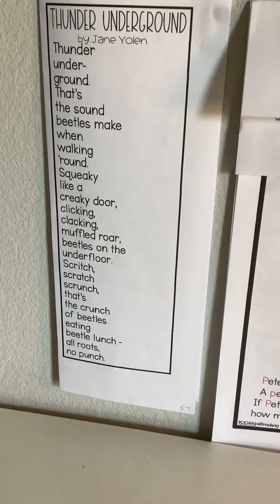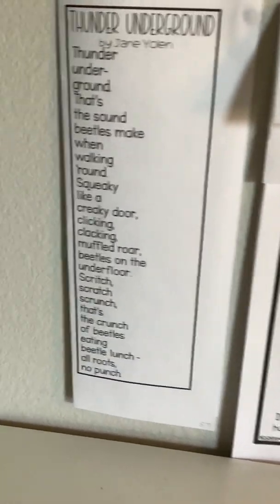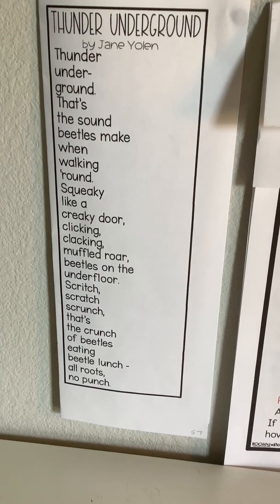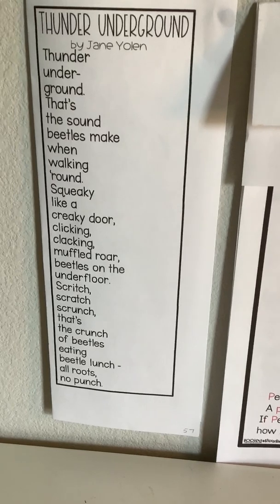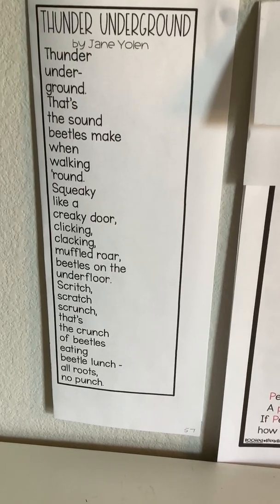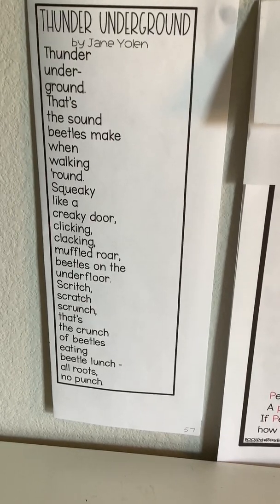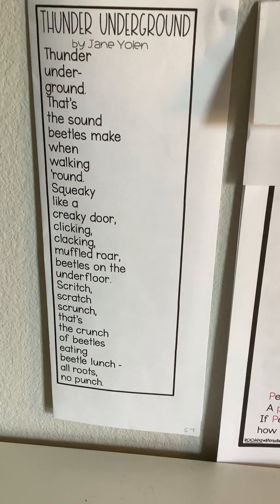And what we're going to do with this poem is we're going to underline or highlight some of the words that begin with the same letter or sound. Okay? I'll give you an example.